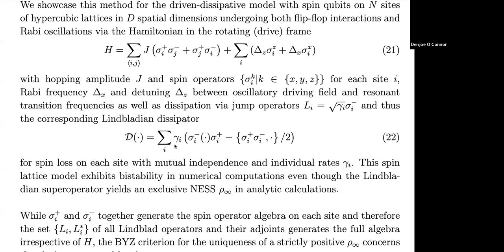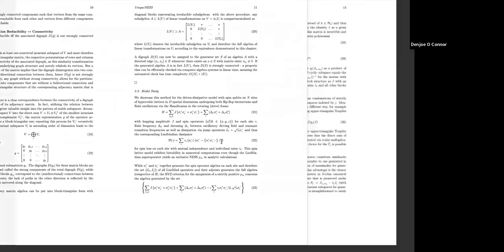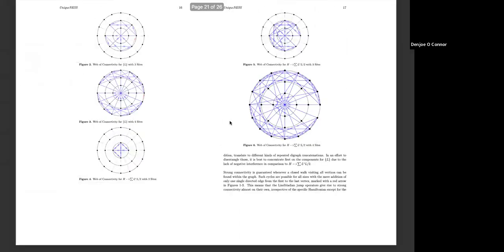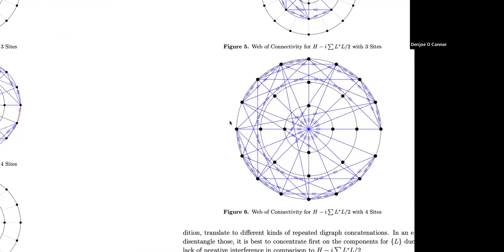And then you can look at all the different components of the connectivity of your graph, and then you see those separate components that are independent of each other, and also the implications for the fixed points, for the non-equivalent steady states.